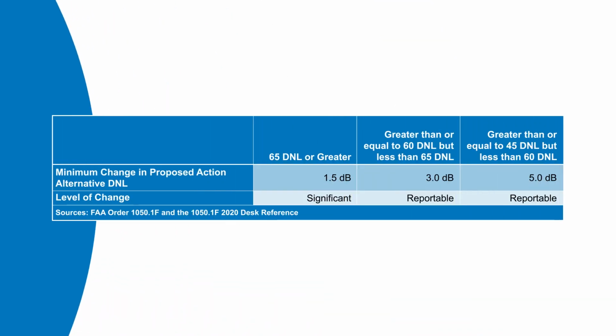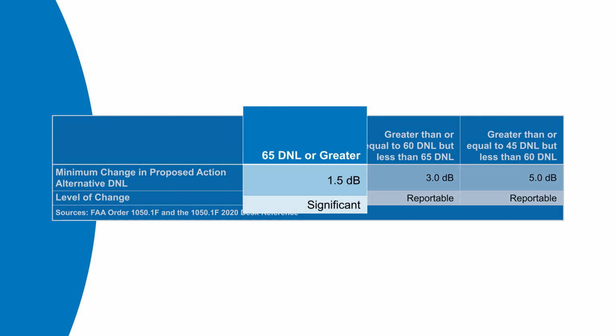If the proposed action alternative results in a minimum change in the DNL of 1.5 decibels at noise-sensitive sites within a 65 DNL or greater contour, the level of change is considered significant.